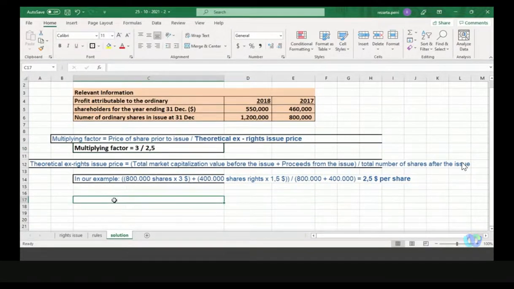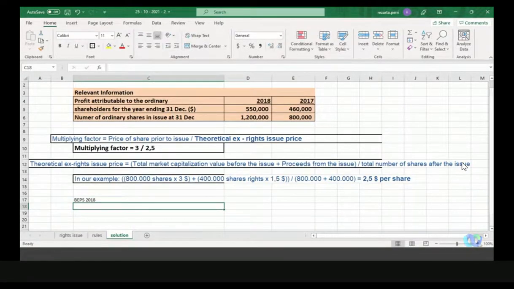And with this in mind, we start with the calculations of earnings per share for 2018, and then restate the amount of earnings per share for 2017. After this, the way of performing the calculations will be almost the same as in the previous case with the bonus issue. So we start with basic earnings per share for 2018.